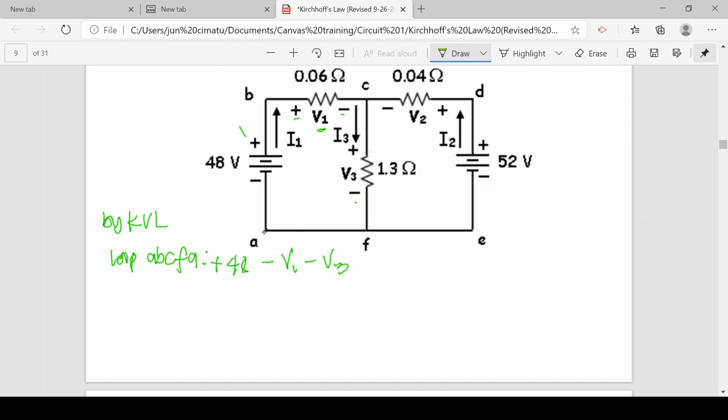And from F to A, there are no elements in between F and A and no voltage between F and A, and the loop is closed, and so therefore we have to equate this to 0.